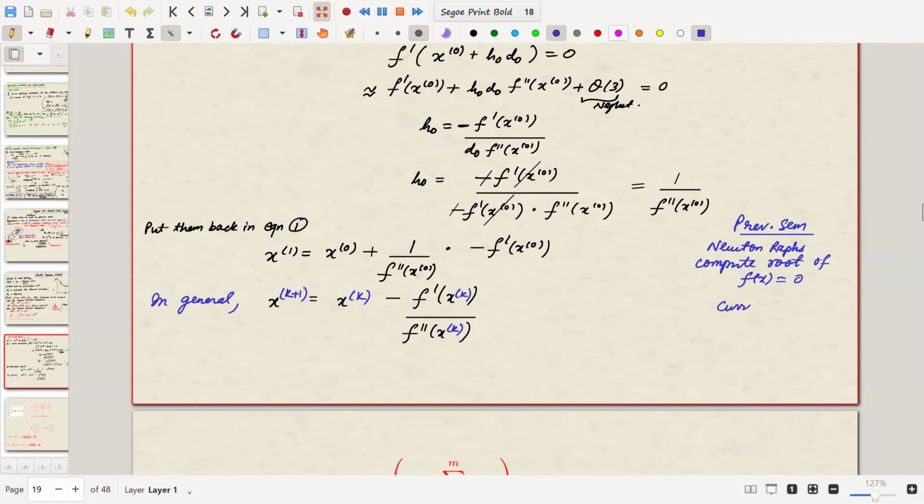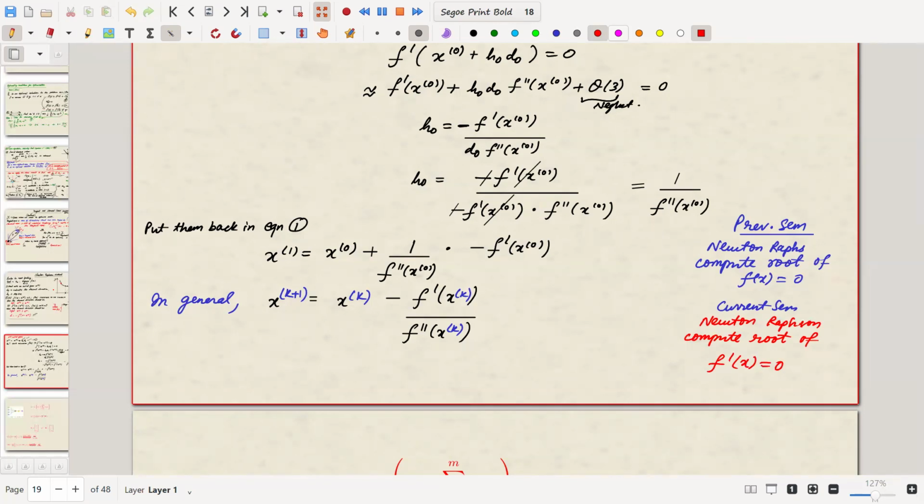In the current semester, you are applying Newton-Raphson to compute the root of f prime x equal to 0.